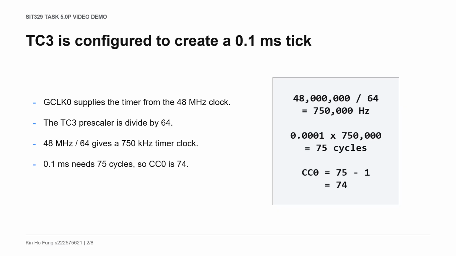A 0.1 millisecond tick therefore requires 75 timer cycles. Because the counter counts from 0 to the compare value inclusive, I load CC0 with 74. This gives an exact 0.1 millisecond tick for the selected 48 MHz clock configuration.